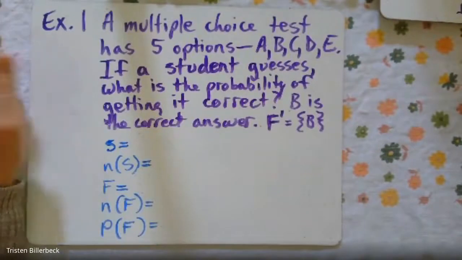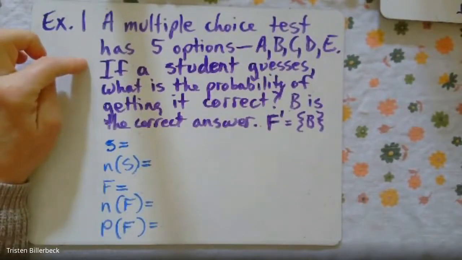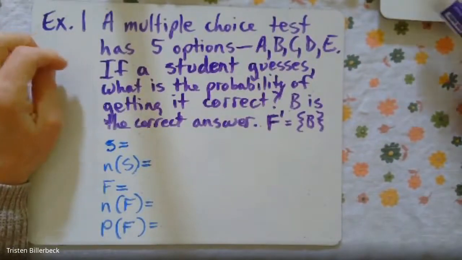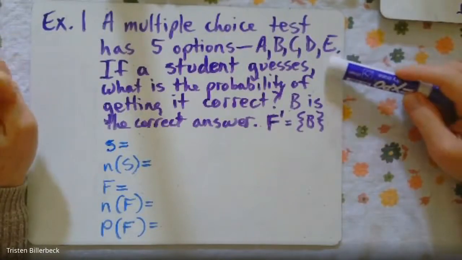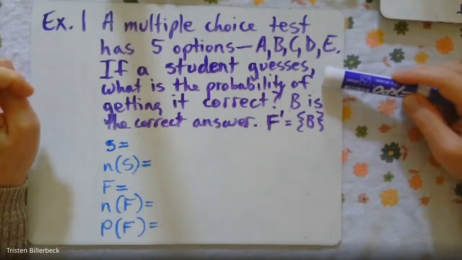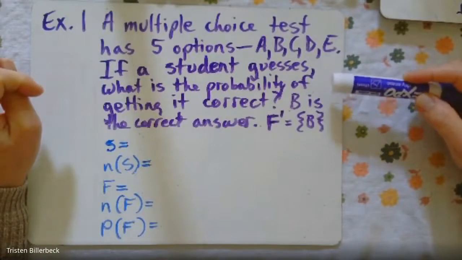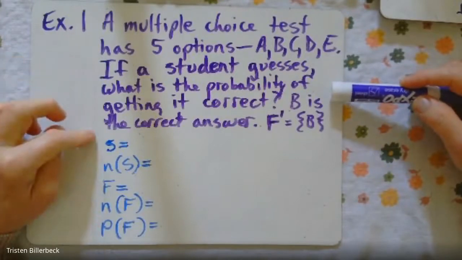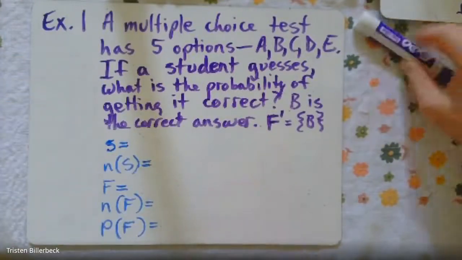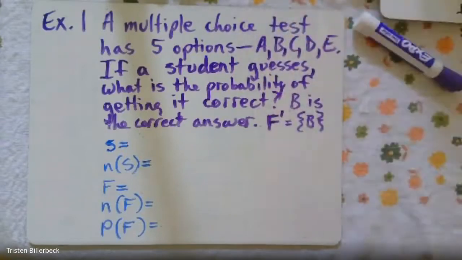So a multiple choice test has 5 options, A, B, C, D, and E. If a student guesses, what's the probability of getting it correct? B is the correct answer. So we're going to say F prime right here.